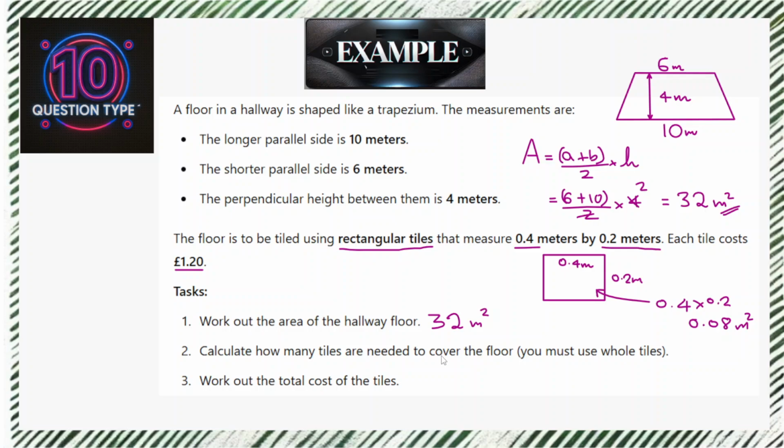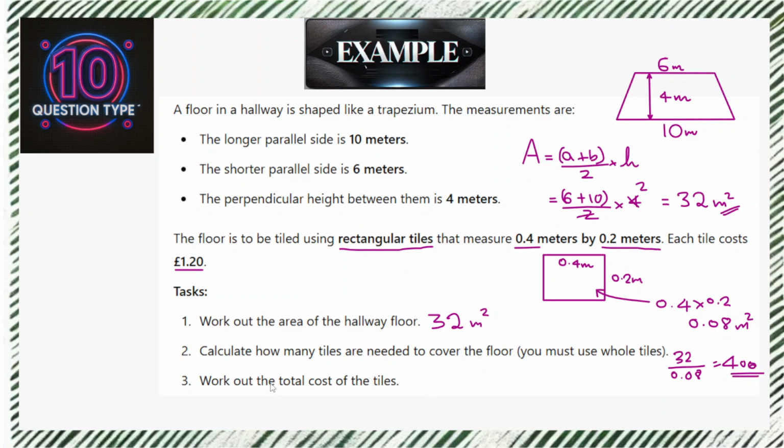So how many tiles do we need? We need to divide the total area, 32, by 0.08. Now that gives you the answer for the number of tiles, and you get 400 as the answer. So the total number of tiles is 400.